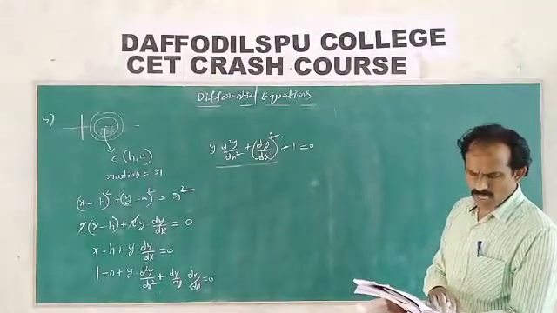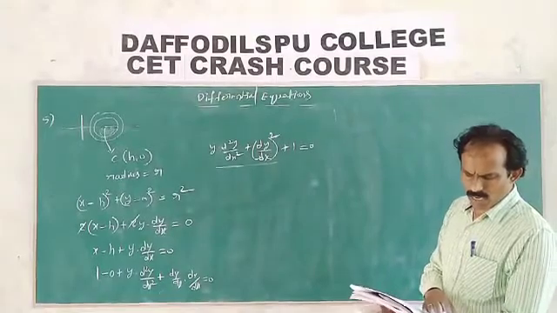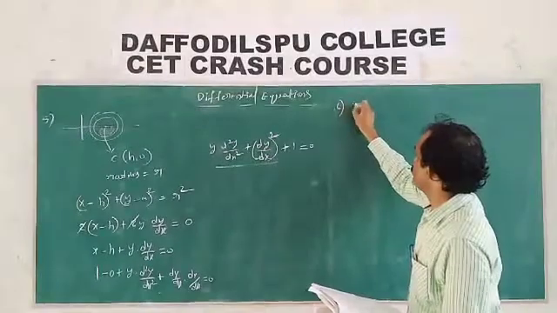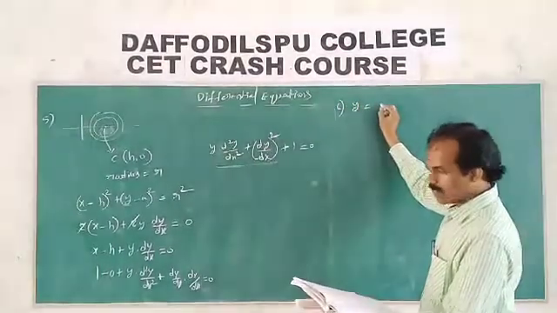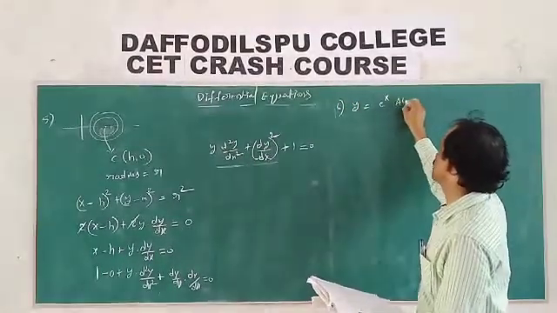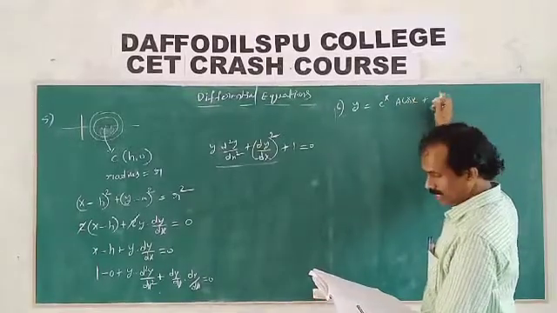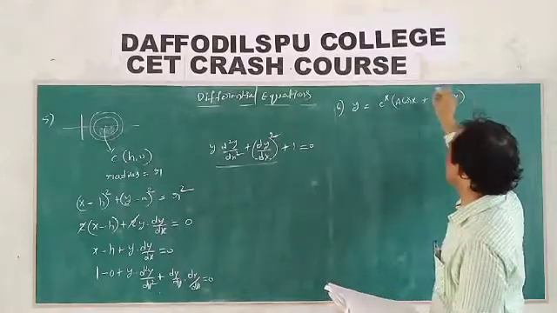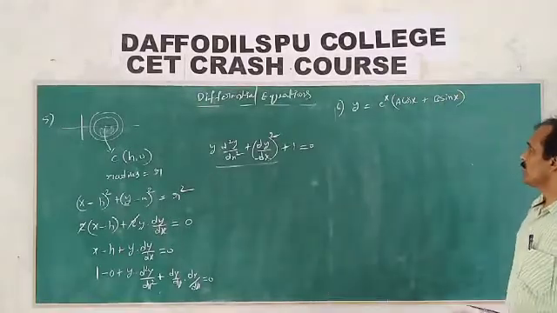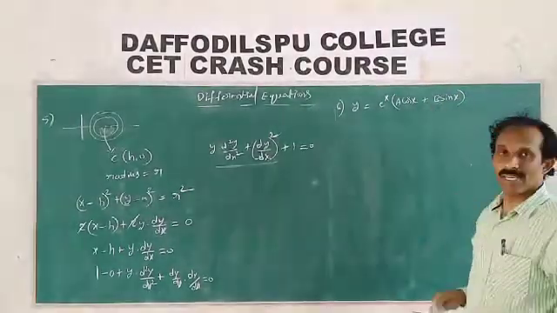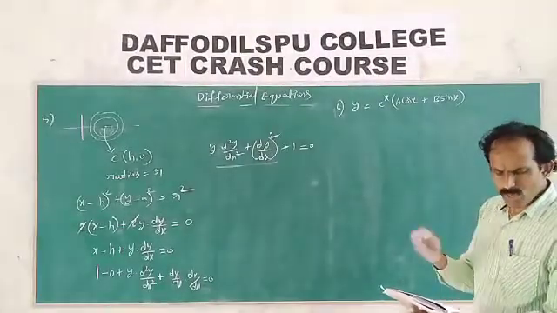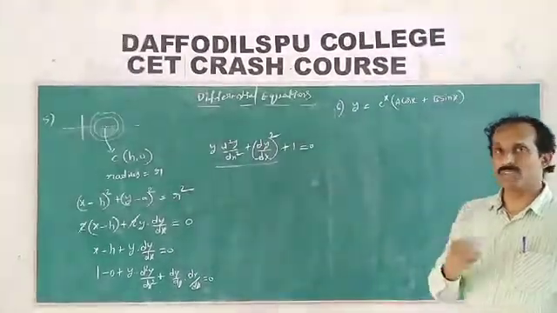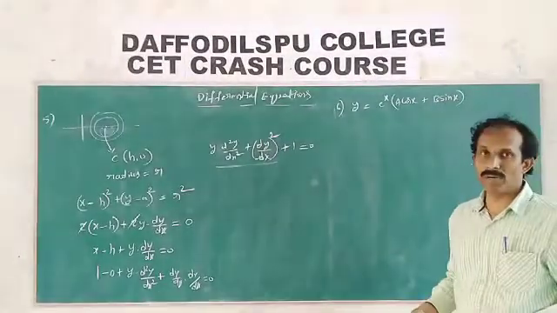Next, the differential equation of the family of curves. In this problem y is equal to e power x, a cos x plus b sin x. So this also has two constants a and b, so 2 times you differentiate, and you get the answer in terms of d square y by dx square.